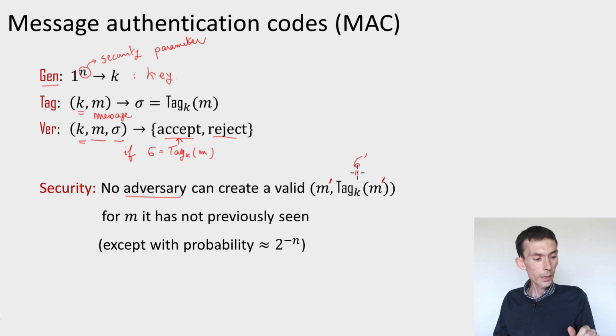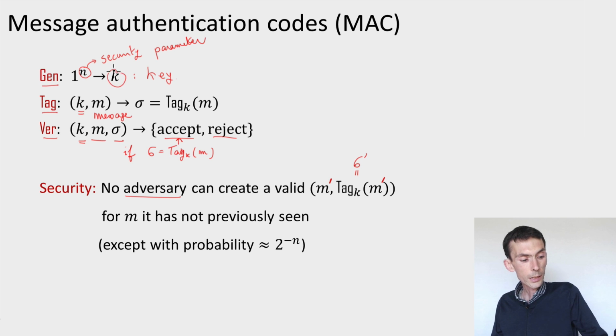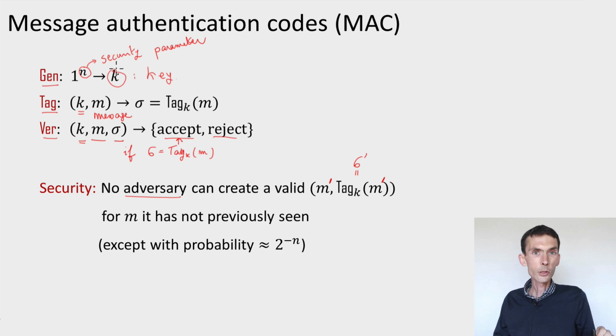Of course, in order for Alice and Bob to implement the tagging and verification scheme, they need to share the same secret key K, which is exactly what they're trying to achieve when they're doing quantum key distribution. So the assumption that they have access to an authenticated channel actually requires them to share a key a priori.